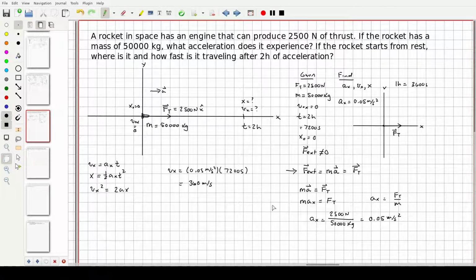Now, obviously, when we, at the end of the day, write this down as an answer, we're going to have to round to one sig fig, and that's going to round to about 400 meters per second.